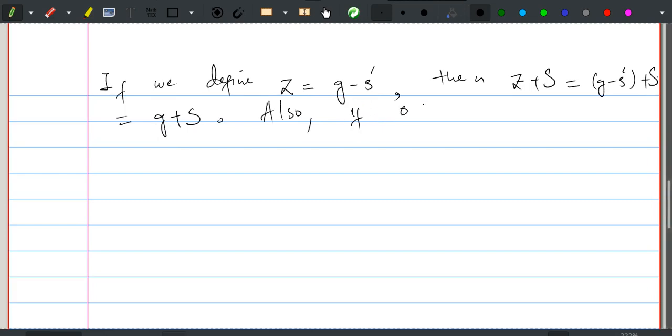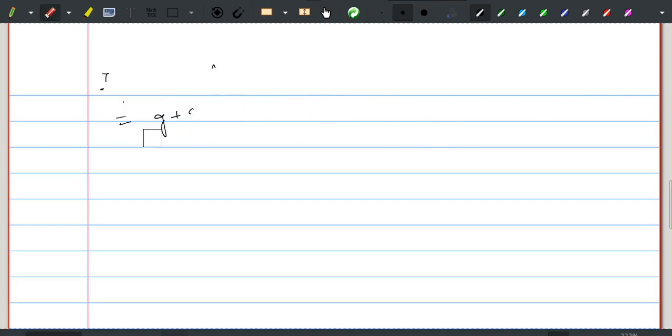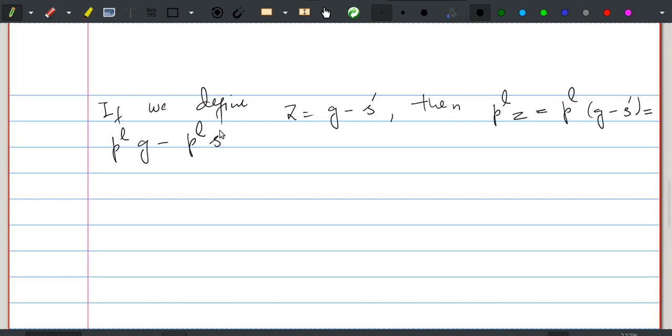First let us do this thing. If we define this Z to be equal to G minus S prime, then p power L of Z is equal to p power L of G minus S prime, which is the same as p power L G minus p power L S prime.